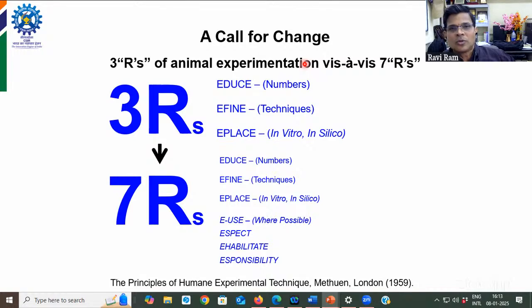You cannot utilize these animals for educational or demonstration purposes anymore. So likewise, even in toxicology, it is slowly happening. There is a lot of thrust on generating new alternative methods with which we can test the toxicity of chemicals, but at the same time reduce the use of animals.